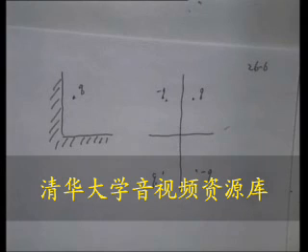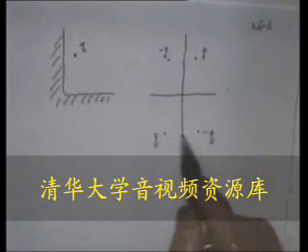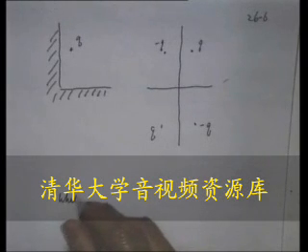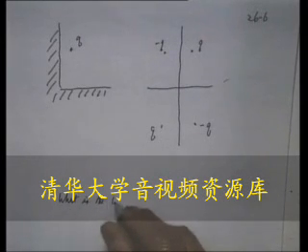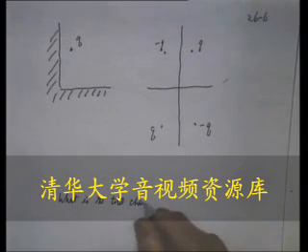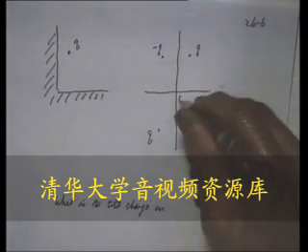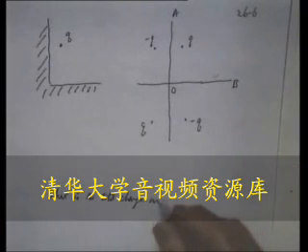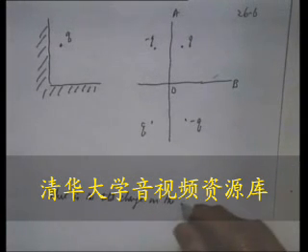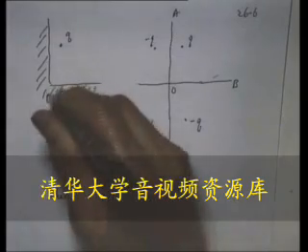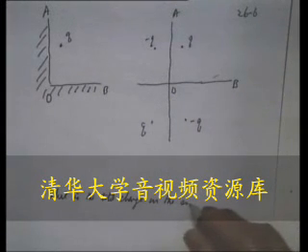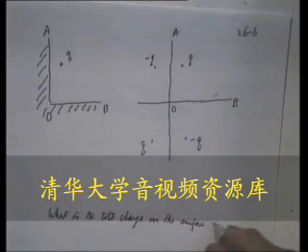Now, let us ask what is... So this is what the method of image tells you. Now I want to know what is the total charge on, say this point is O, this is A, this is B, on the surface OA.